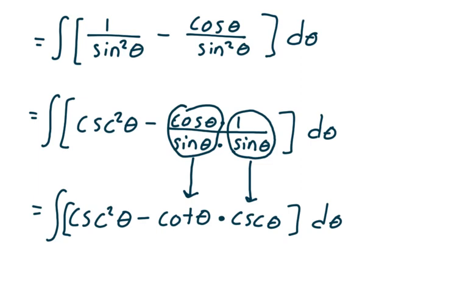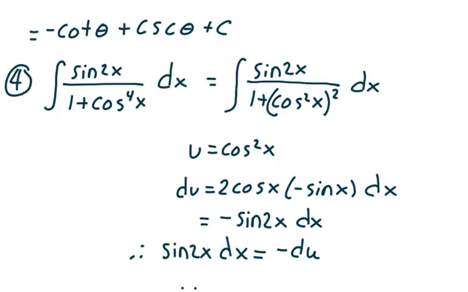And so this ends up being the integral of cosecant squared theta minus cotangent theta cosecant theta d theta. And I'm pretty much done. So this is negative cotangent theta plus cosecant theta plus c.